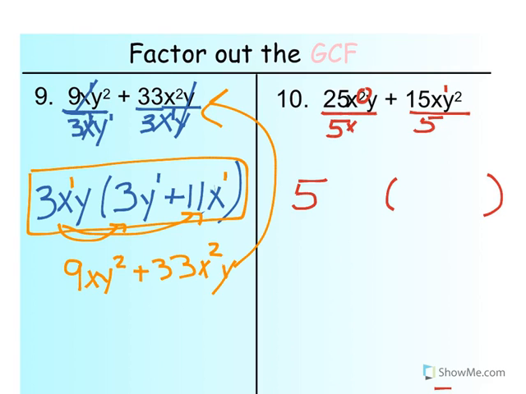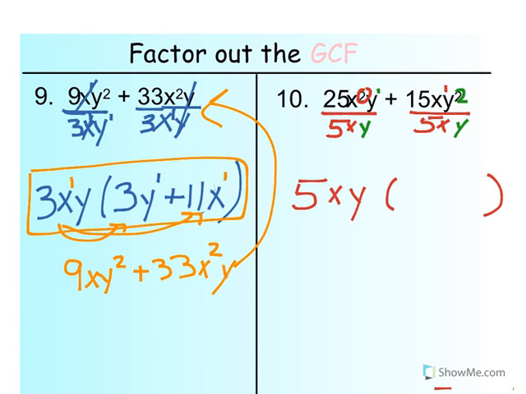So they both only have an x to the first power. Now look at your y's. This is y to the first and y to the second. They both have at least 1 in common, so we can only take out y to the first power. So the greatest common factor that we can pull out is 5xy.